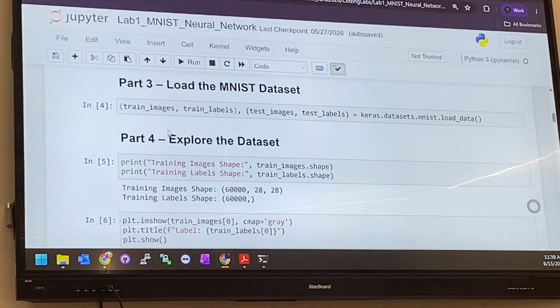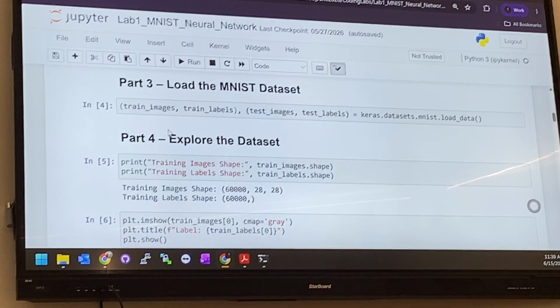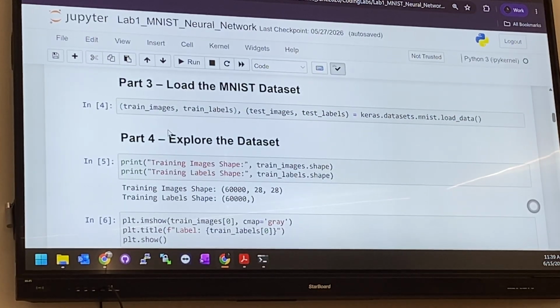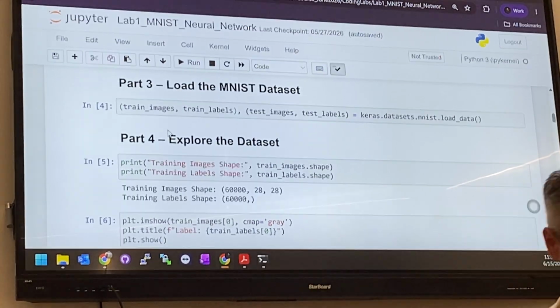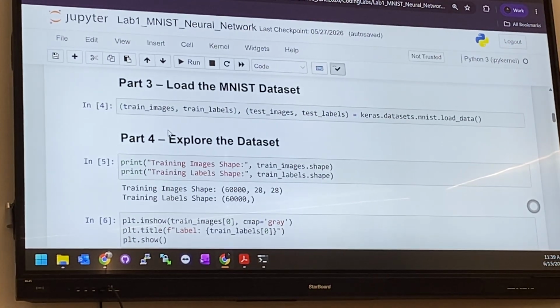What we have is a tuple and another tuple. The first tuple is the first data set, which is for training. The second one is for testing. But the numbers of training images and training labels are the same, and the labels are only 10 of them, from 0 to 9.